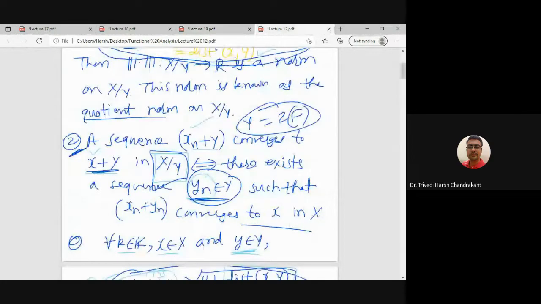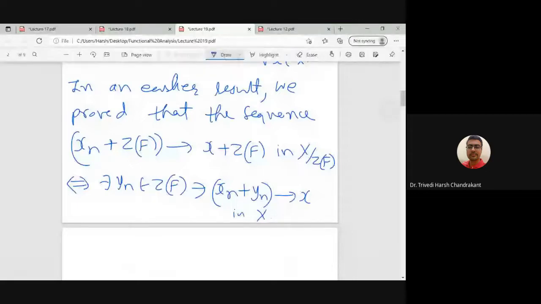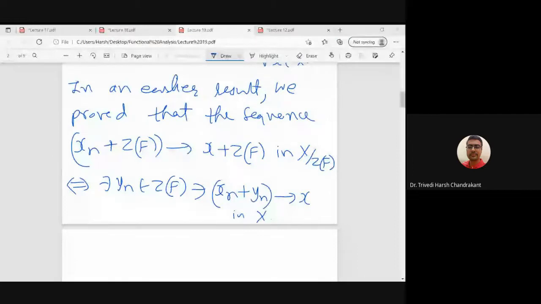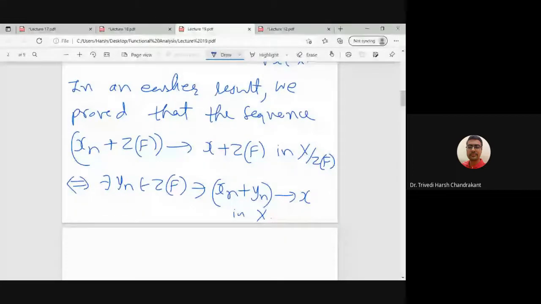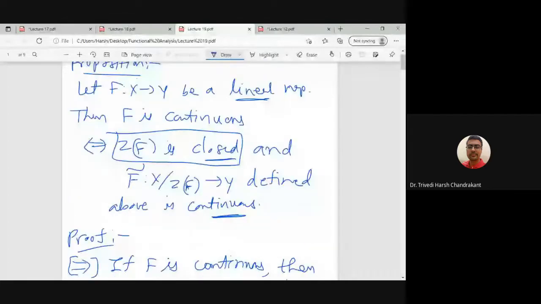That is the criterion. So this sequence converges to x in X, so in the norm of X it converges, right? And we are going to use this result now to prove the continuity of the map f tilde.